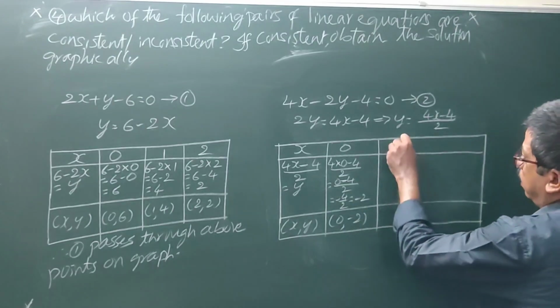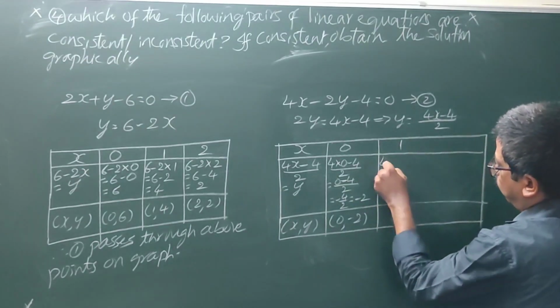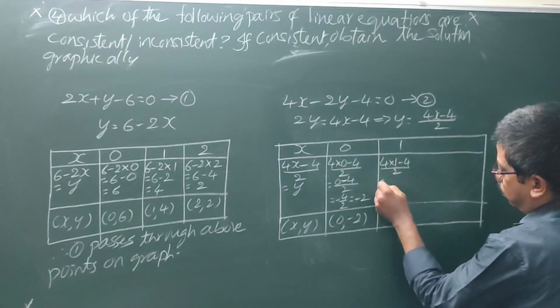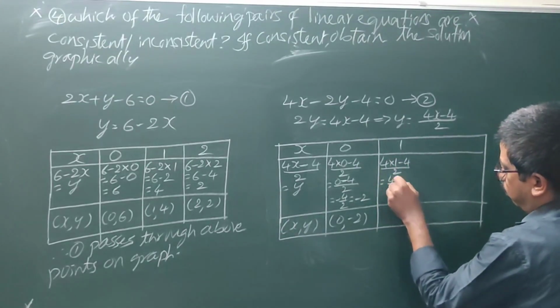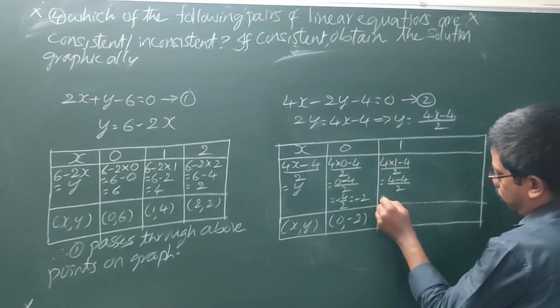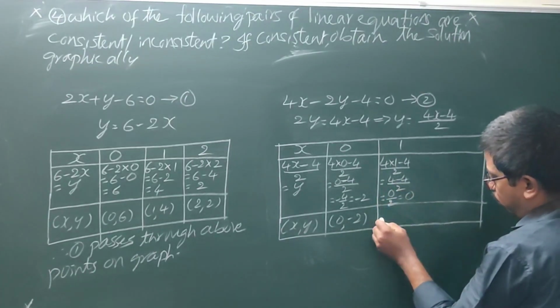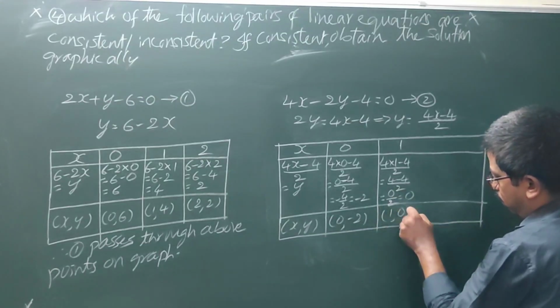Now x equal to 1: (4 into 1 minus 4) by 2 equal to 0 by 2 equal to 0. 1 comma 0.